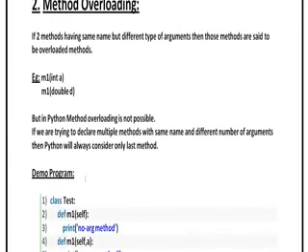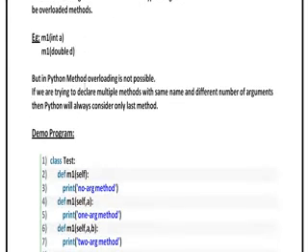Next, method overloading. If two methods have the same name but different arguments, and they perform differently, such a situation is called the method overloading concept. Here I have taken m1, defined with an integer value, and in the same way m1 defined with a double also.